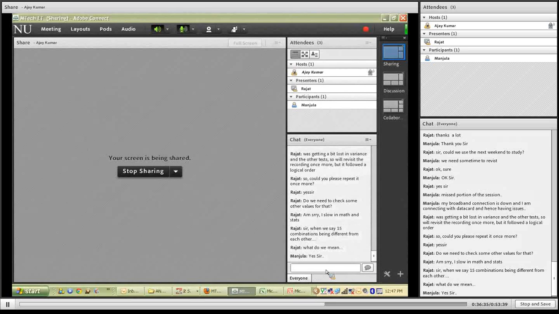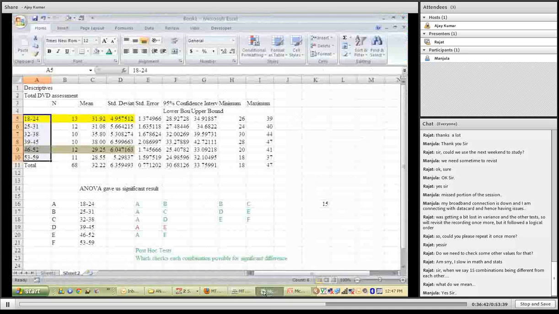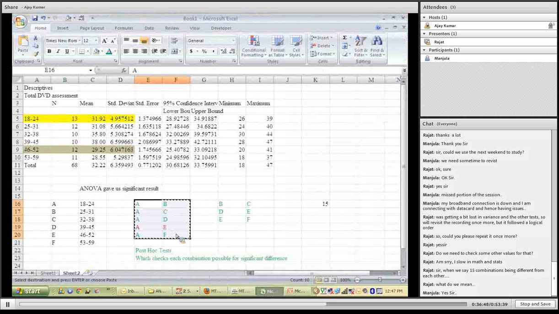When we talk of combinations, the combination that I was talking about was here. Let me take this into account, so I am pasting it up here.